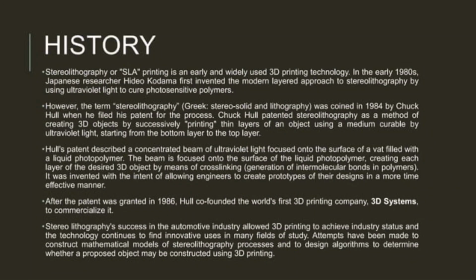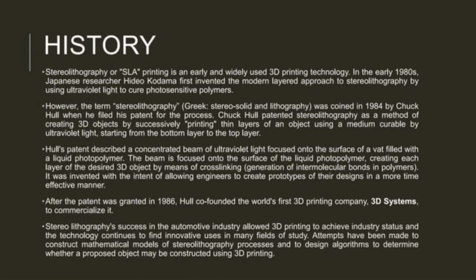The history of stereolithography: it is an early and widely used 3D printing technology. In the early 1980s, Japanese researcher Hideo Kodama first invented the modern layered approach of stereolithography by using ultraviolet light to cure photosensitive polymers.